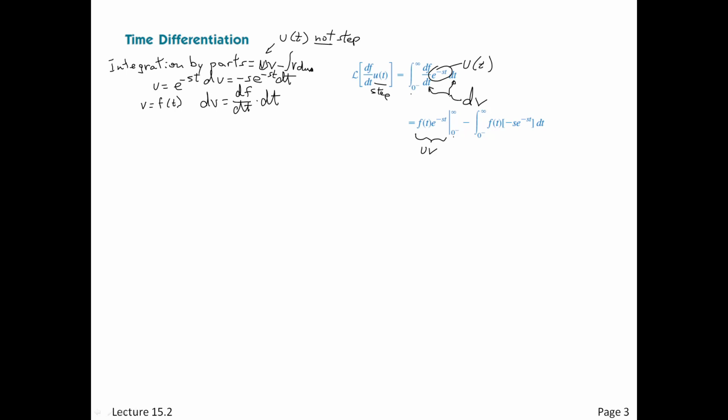And we need to evaluate it at the beginning and final values. And the u of the step function, that u of t, assures us that we're going to be starting at 0, right? And we say 0 minus, everything turns on just before that. The second part, so here's our minus, and here we've got v. Where's v? V du is this.